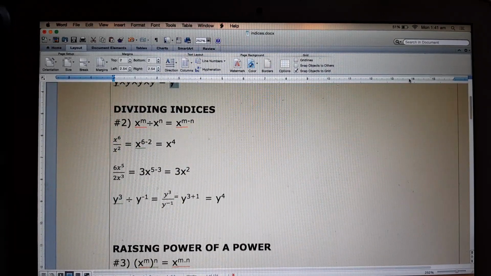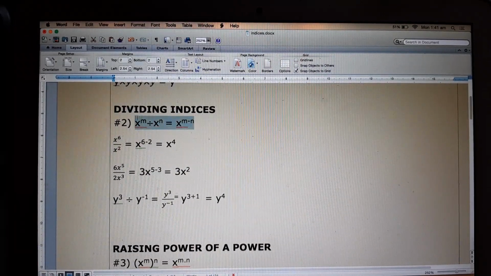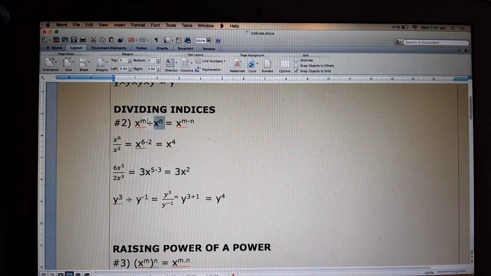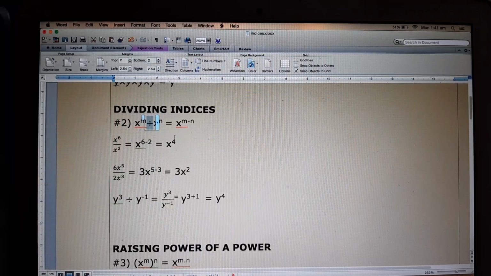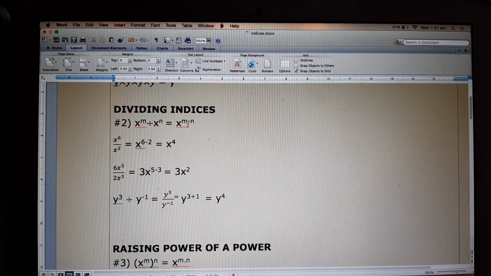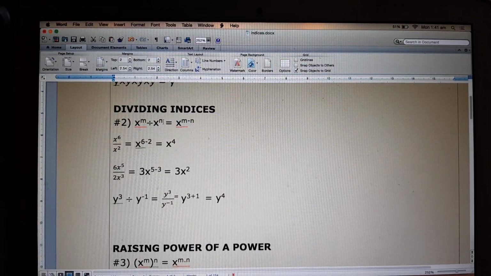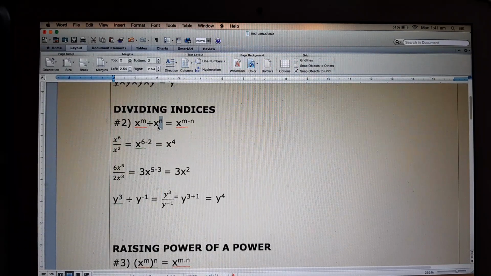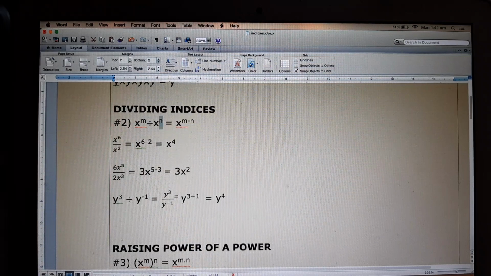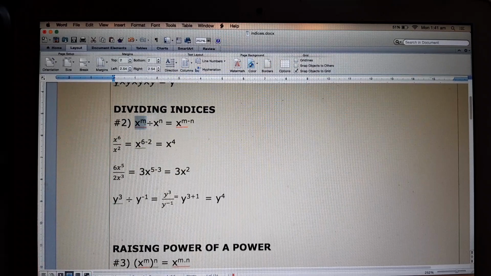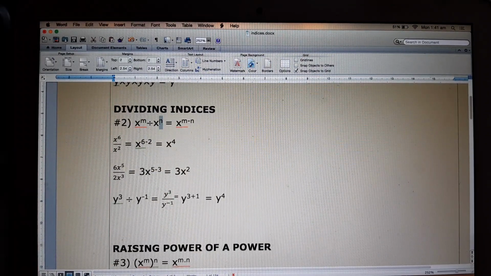Dividing indices. Rule number 2. When bases are the same and they are being divided, then you will subtract the powers, or when the power which is in the denominator moves to the numerator, you will change the sign of this power.